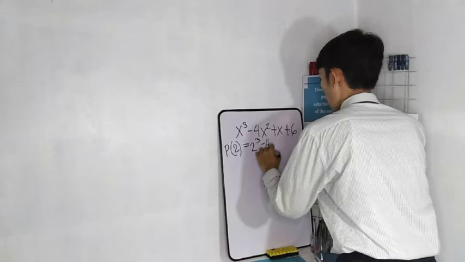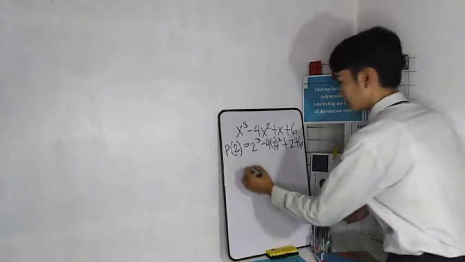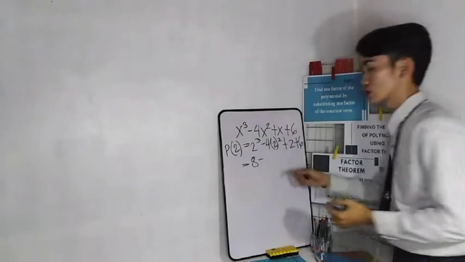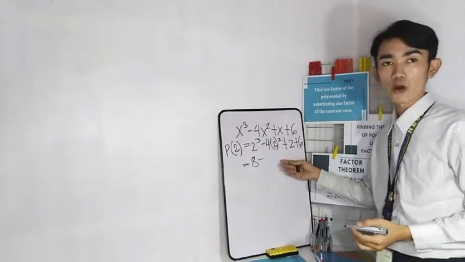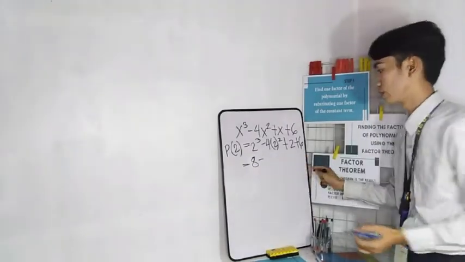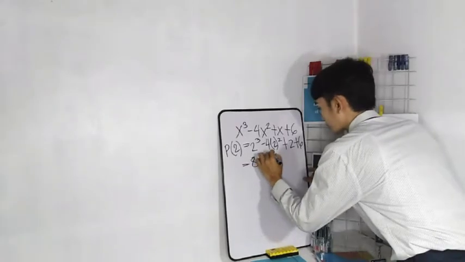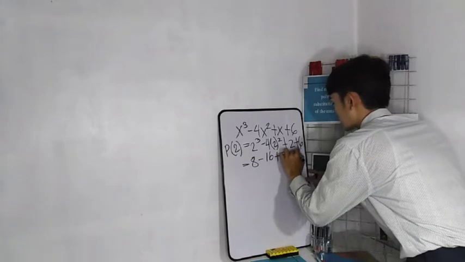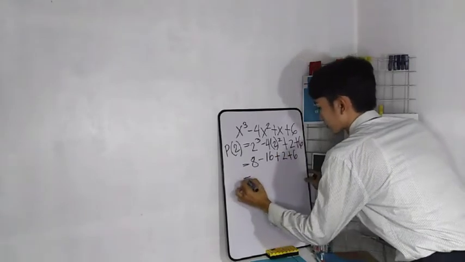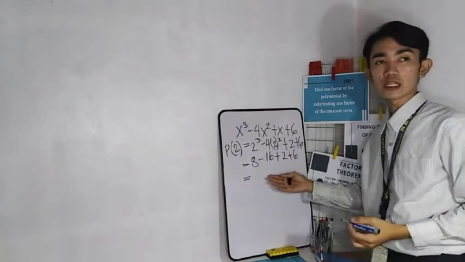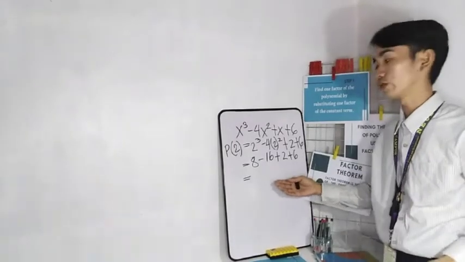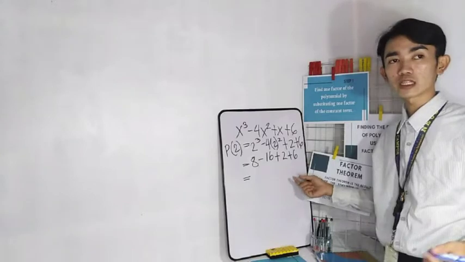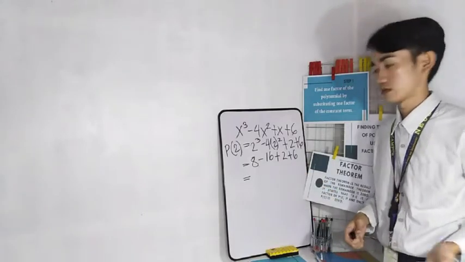And 2 cubed is 8 minus 2 squared is 4 times 4, we have 16. Then plus 2 and plus 6. 8 minus 16 is negative 8 plus 2, negative 6. Negative 6 plus 6 is 0.